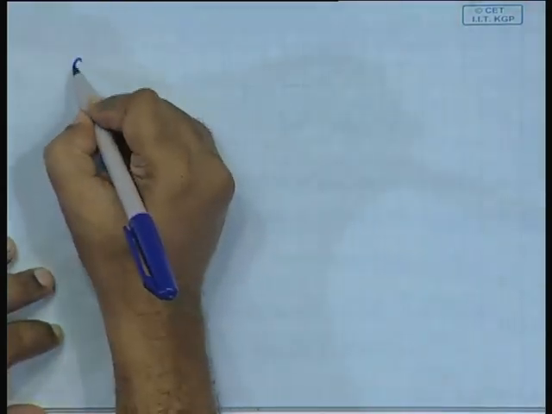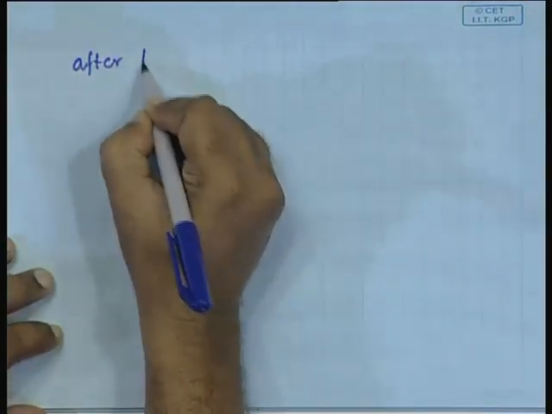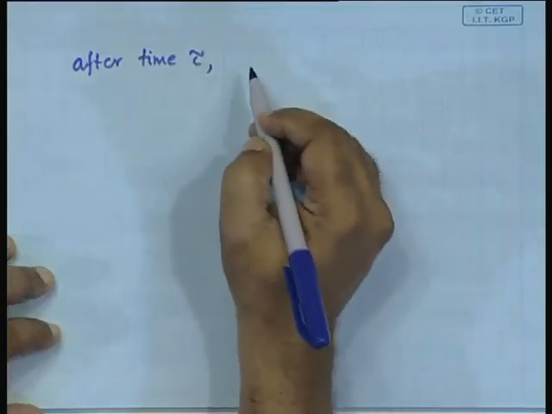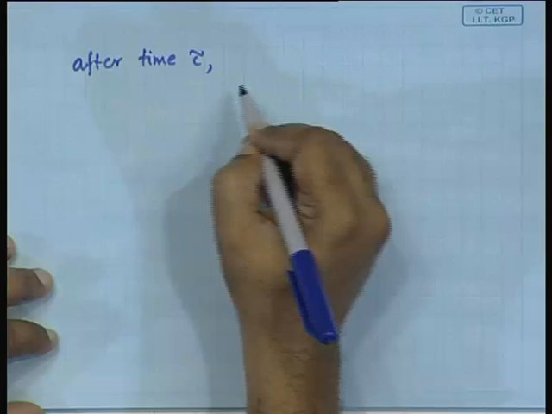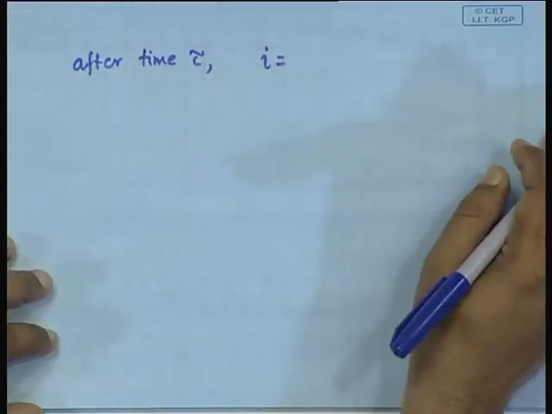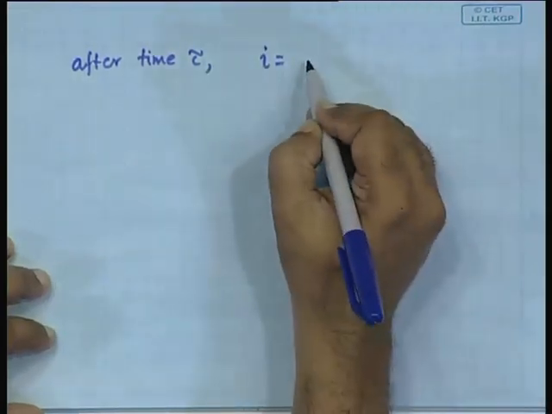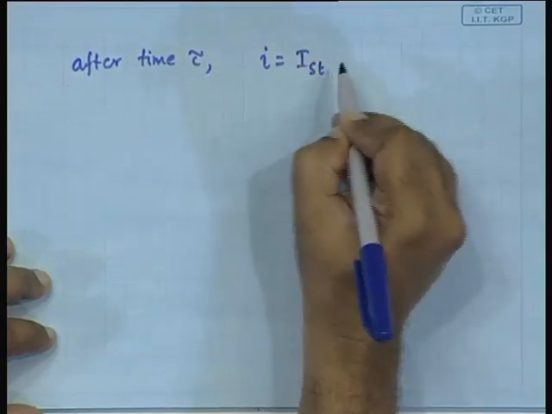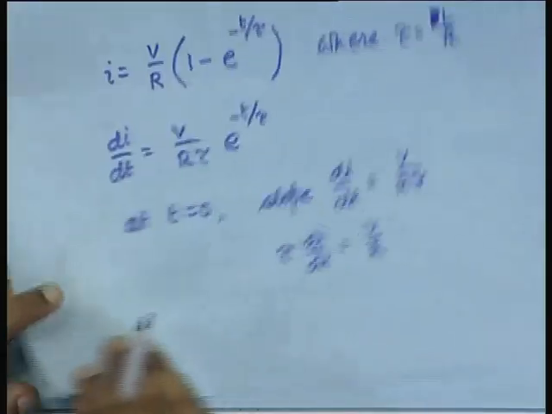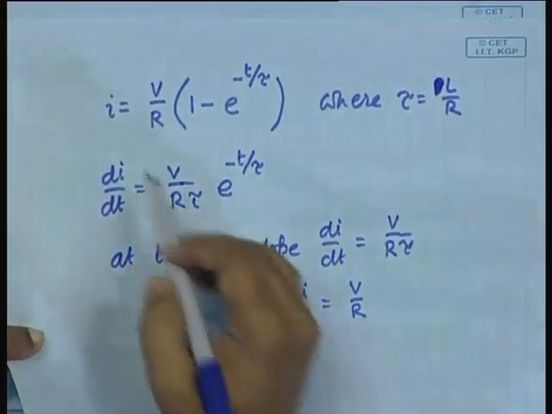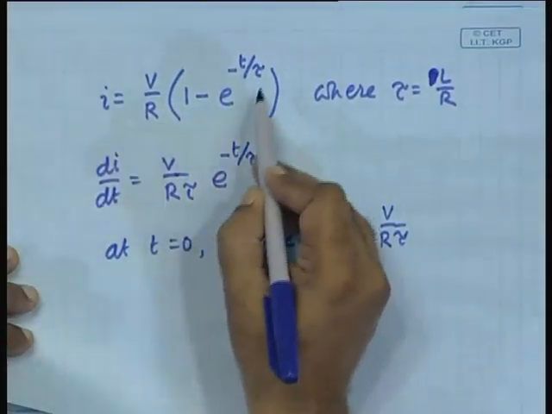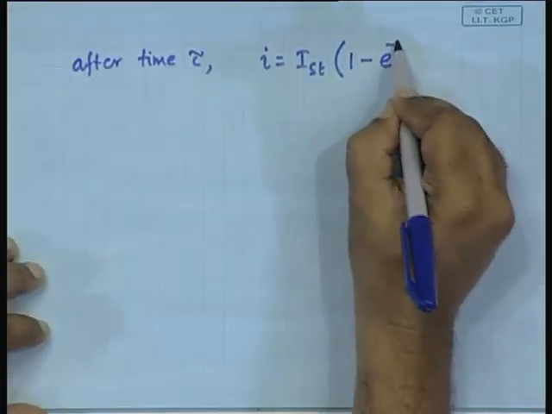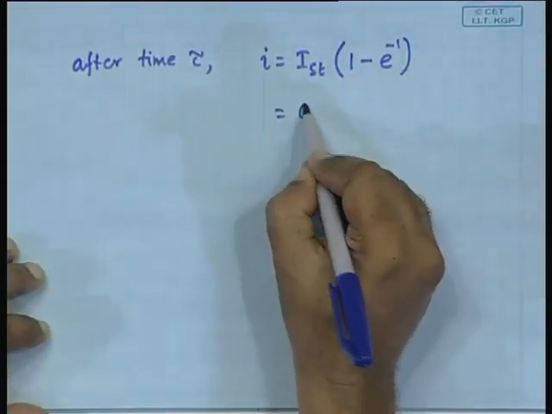So, after time tau, the steady state value is V by R, times one minus e to the power minus 1, which comes to 0.63.